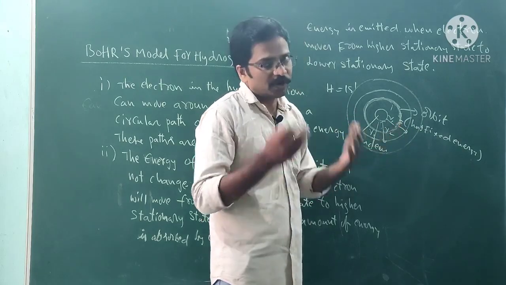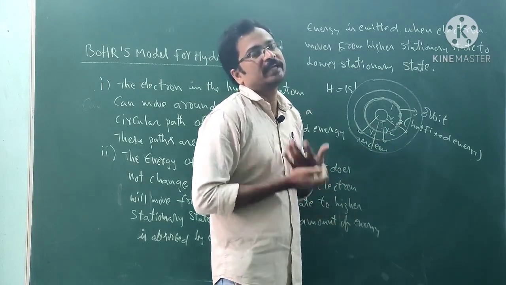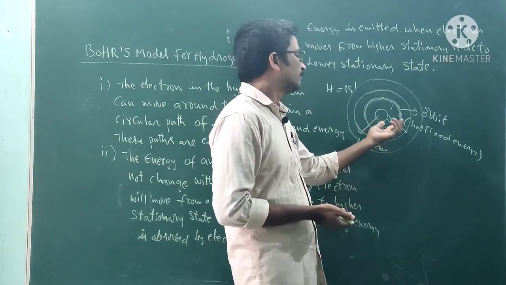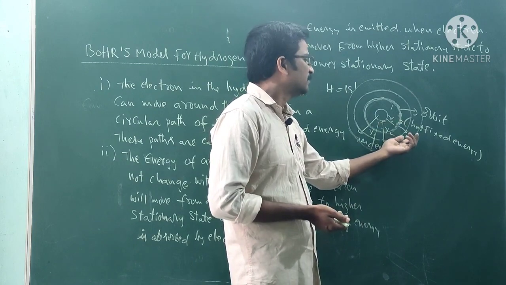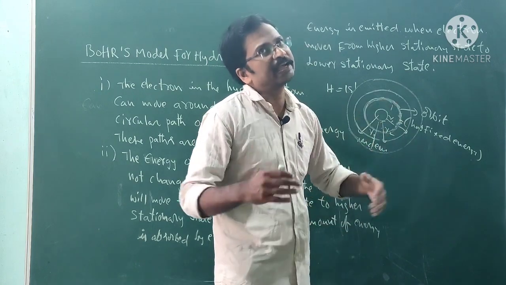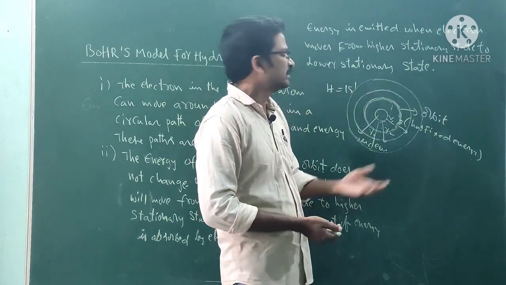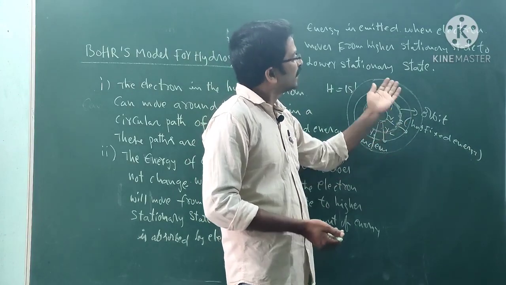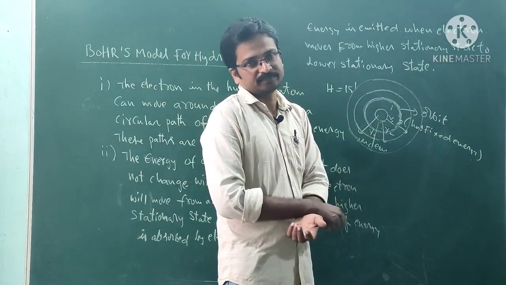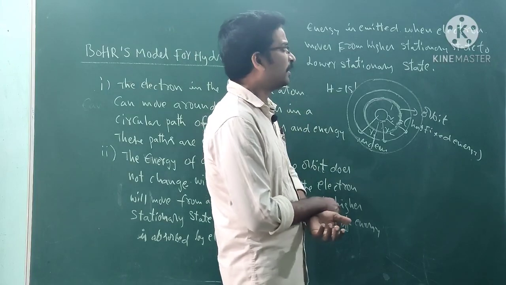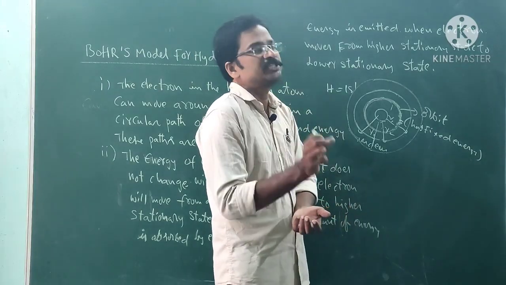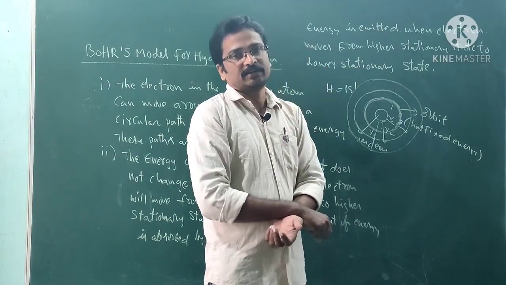If you give a lot of energy, then the electron moves to another level. If you give another extra energy, then it will go to another level or another level.